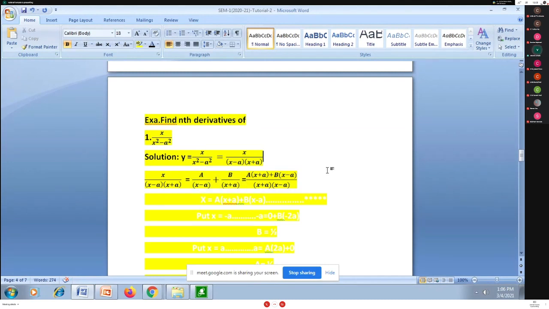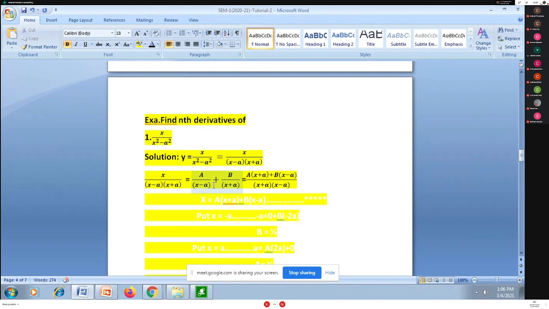I have to go for A upon x minus a plus B upon x plus a, where I am having unknowns A and B. So I have to search for values of the unknowns. How will I proceed? I'm keeping the left hand side as it is. For the right hand side, I'm proceeding with cross multiplication.